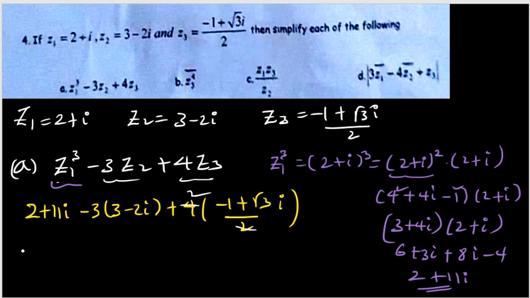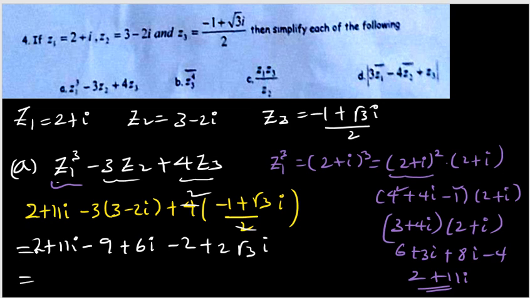This will be 2. So 2 plus 11i, let's use our space properly. 2 plus 11i minus 9 plus 6i. These two will multiply each of them. Minus 2 plus 2 radical 3i remain.